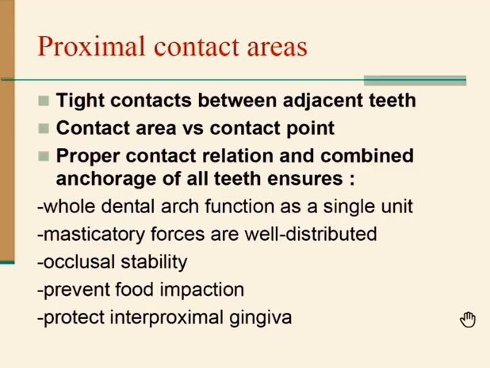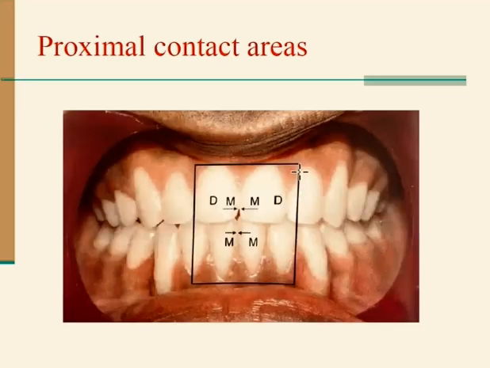The whole arch will function as a single unit, and the masticatory forces will be distributed equally. Number two, the anchorage of all the teeth will ensure stability of the occlusion and masticatory forces.